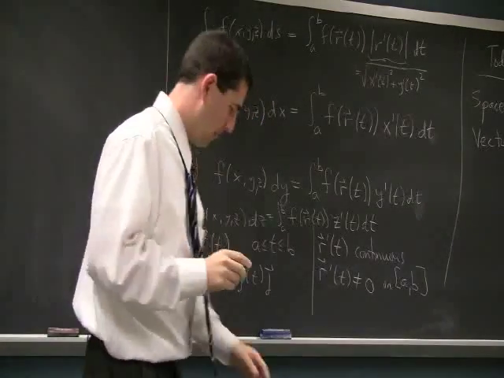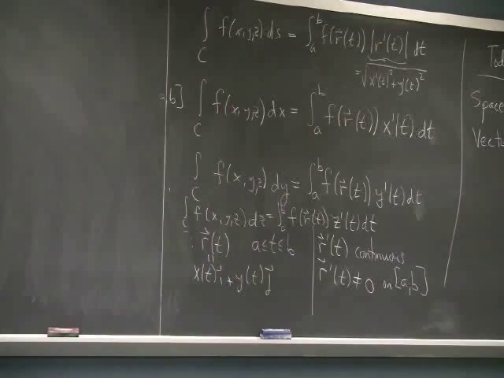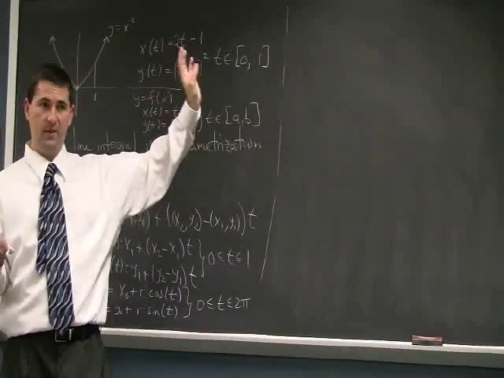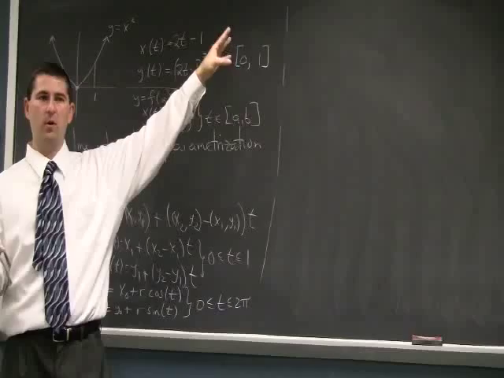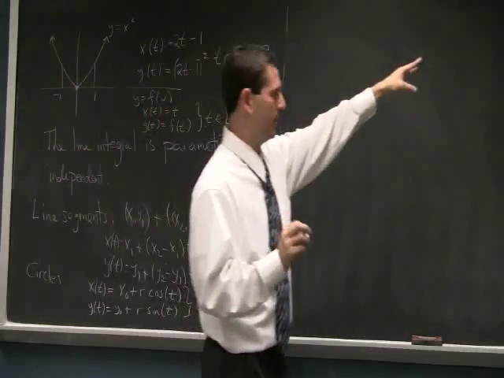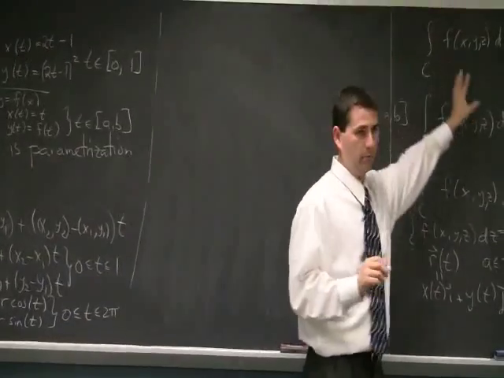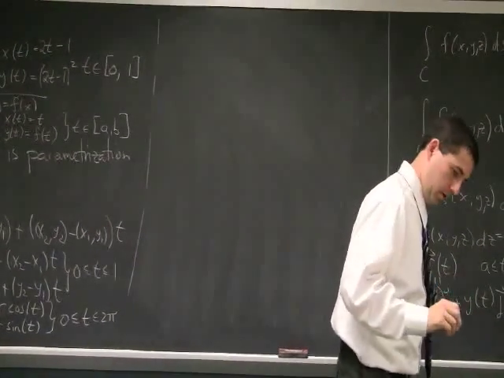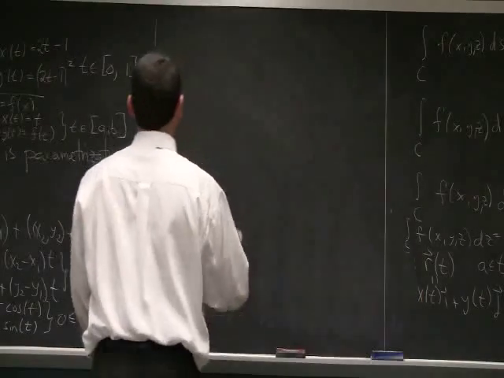Okay, so what we want to do is try to mimic the definition of integration of a scalar function over a curve, for a vector field over a curve. So let's see, what do I need?